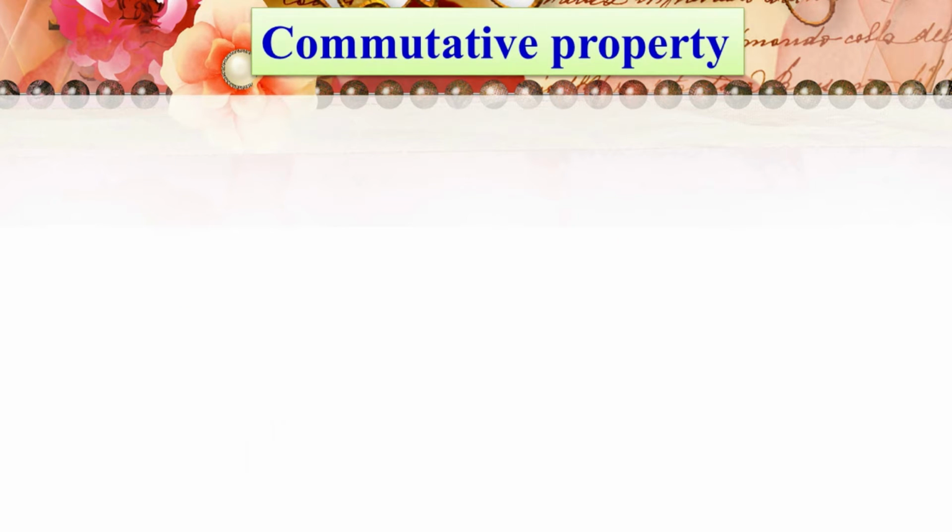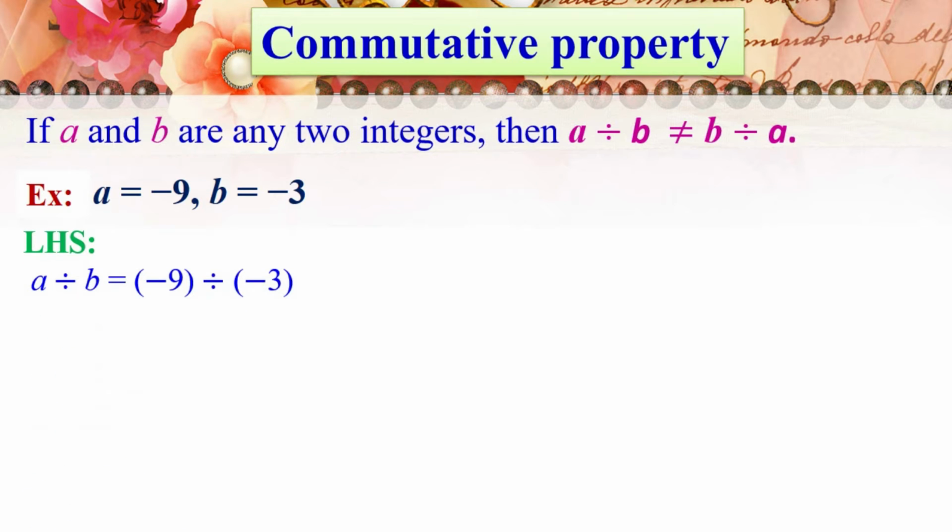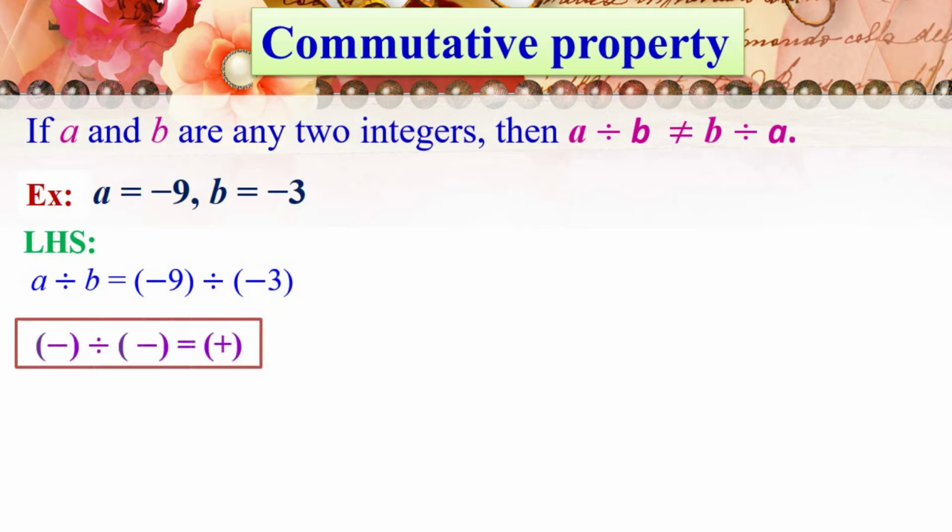Let's see commutative property. If a and b are any two integers, then a divided by b is not equal to b divided by a. Let's see the example. Here given a equal to minus 9, b equal to minus 3. Let's check LHS. a divided by b is equal to, substituting the values, minus 9 divided by minus 3.